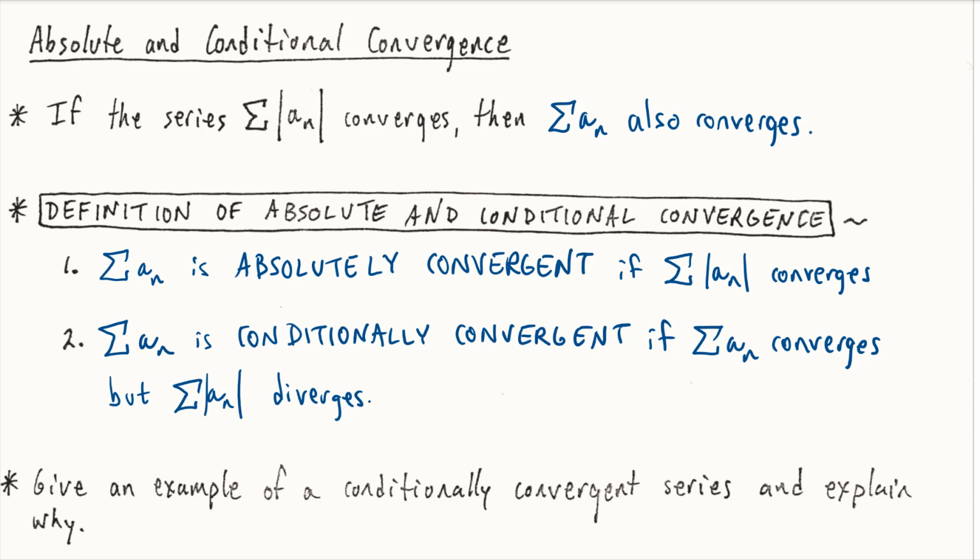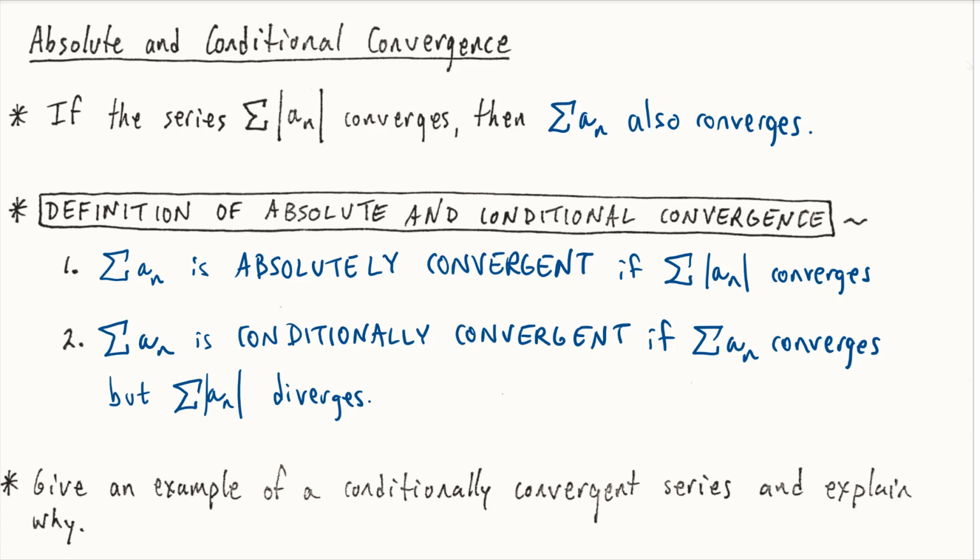In other words, it only converges with the condition that some of the terms are negative. The other one is saying, if all the terms are positive, it converges, and if any of the terms are negative, it converges. So it just absolutely converges. It doesn't matter whether some of the terms are negative or positive.